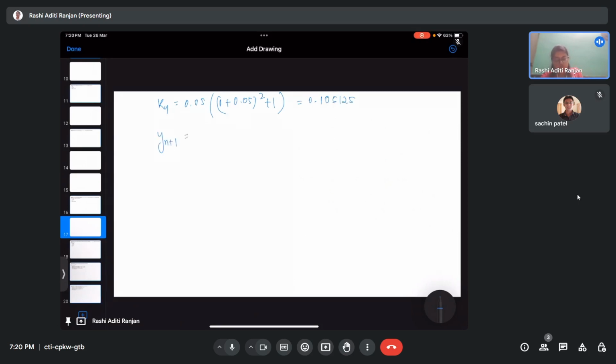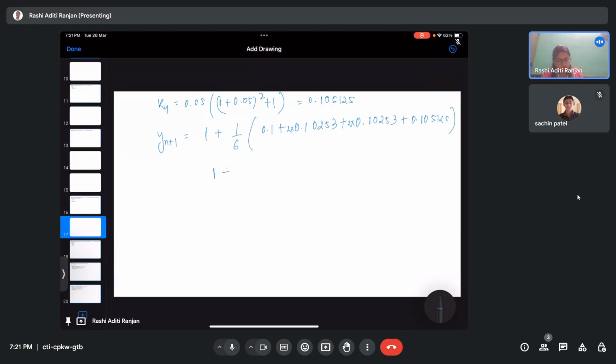Now I have these values, I just have to put them in the main equation, which means that my yn+1 is going to be yn, which is 1, plus 1/6 into all these values, which are going to be 0.1, the middle two values are going to be multiplied by 2 because they have more weight than the first and the last one, and plus 0.105125.